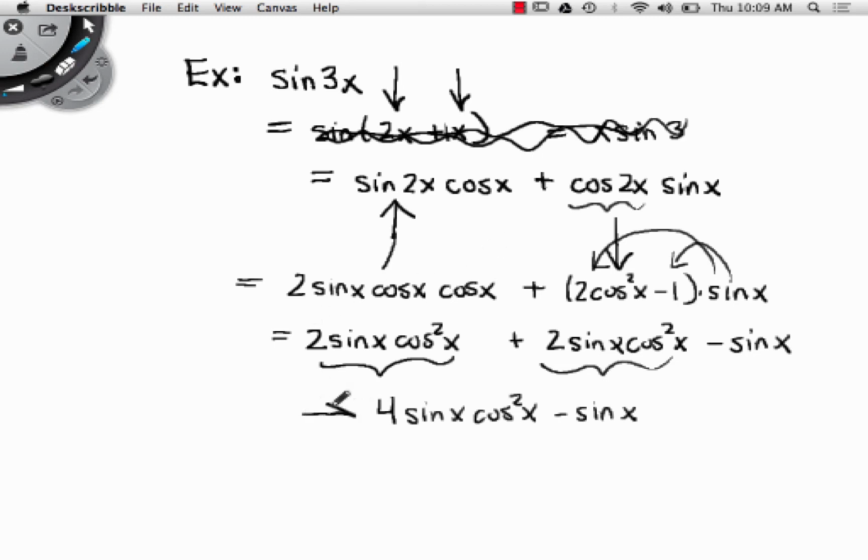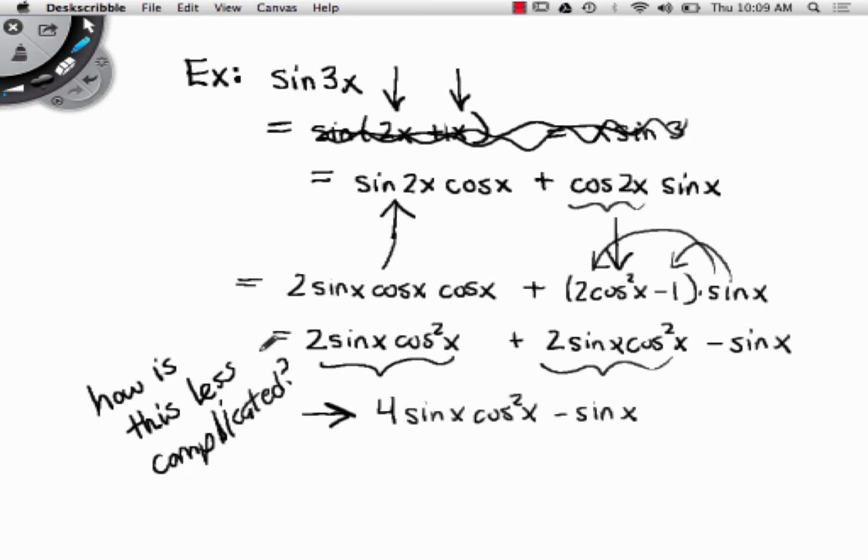Okay? Now, you asked a good question. How is this less complicated? And it is less complicated. I'll grant you this, it's not less complicated in power, because we have a cosine squared here.